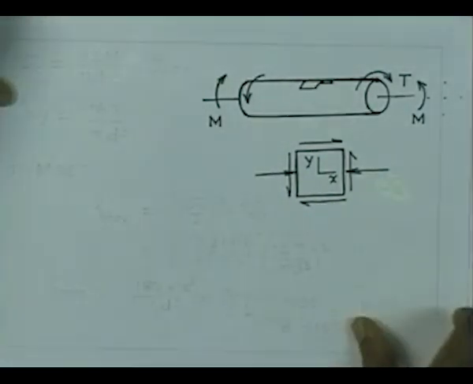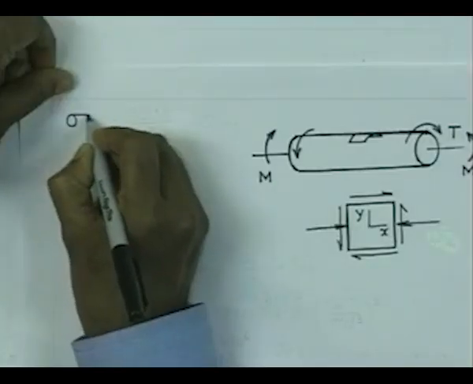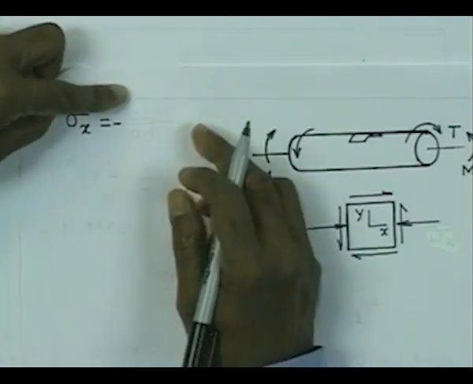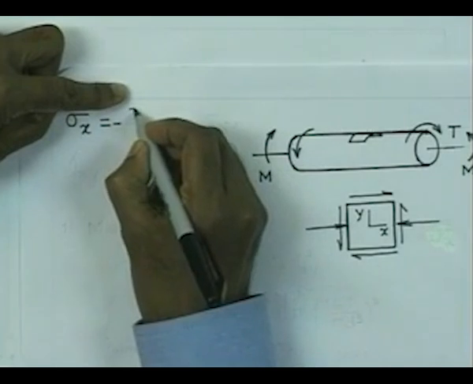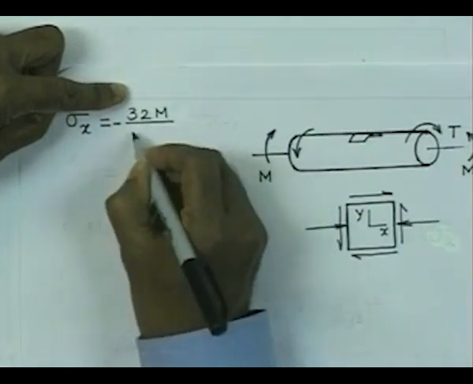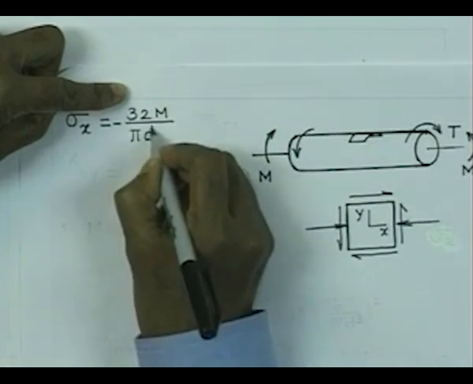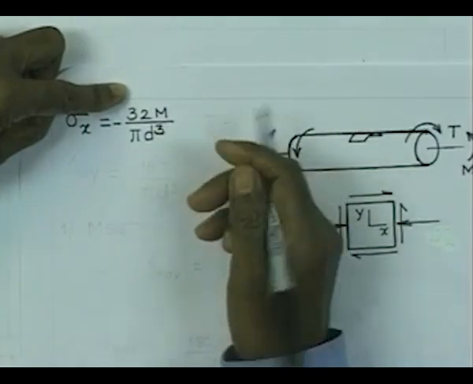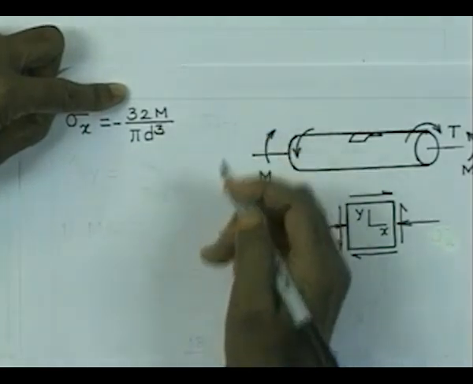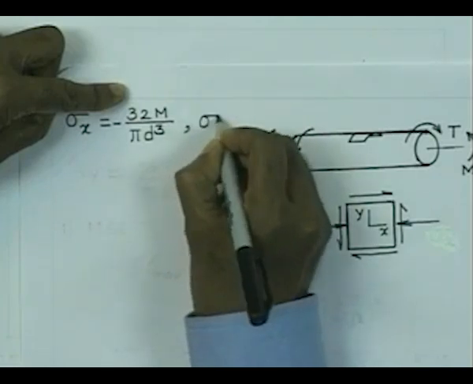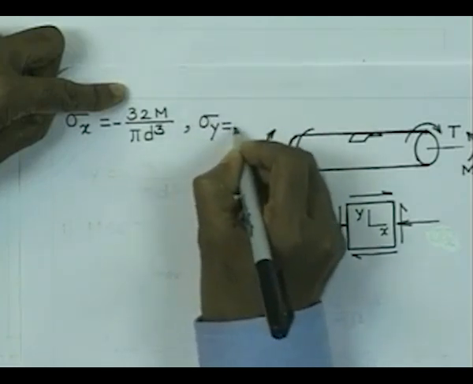Now, the stresses therefore are sigma x is equal to, you can get the maximum stress which is given by 32 M by pi d cube, where d is the diameter of the shaft and M is the bending moment. So, this is obtained from the flexure formula, and in this particular case, we have clear cut specification that sigma y equal to 0.